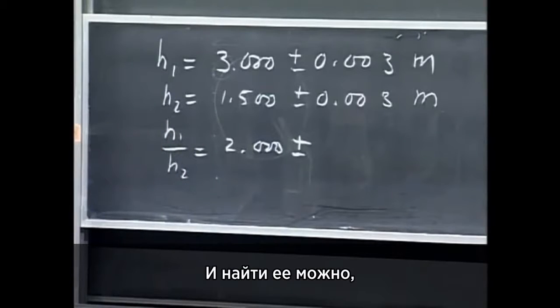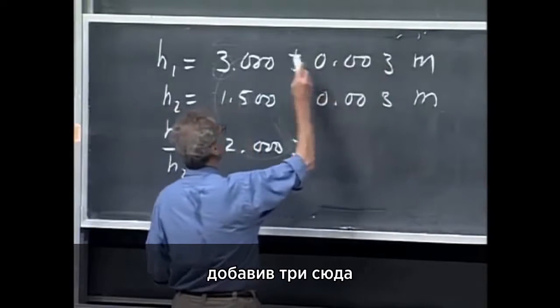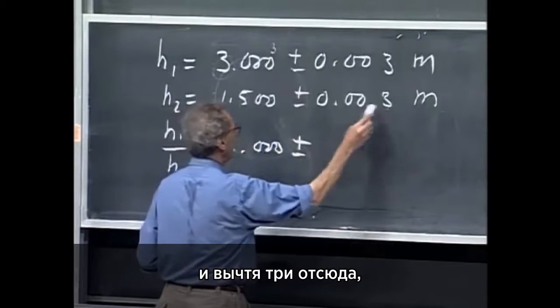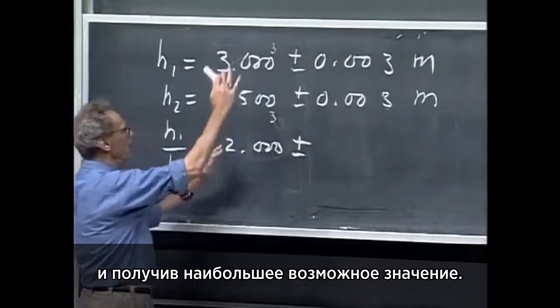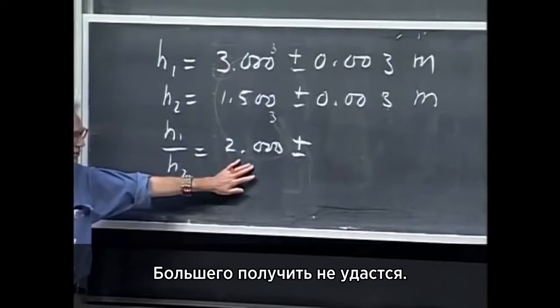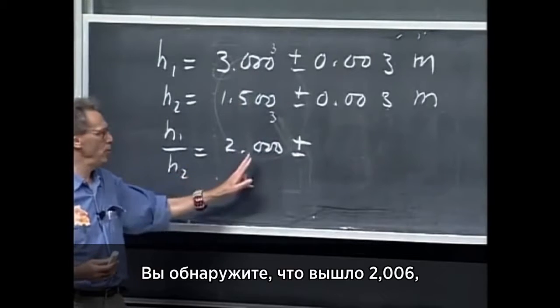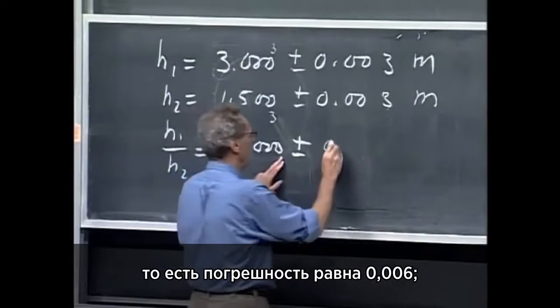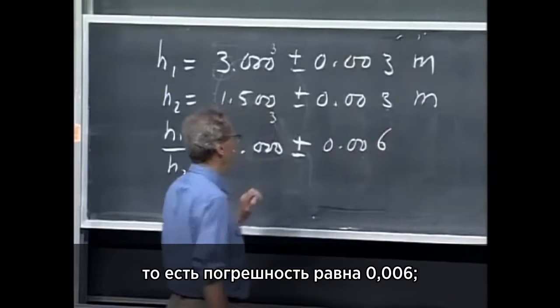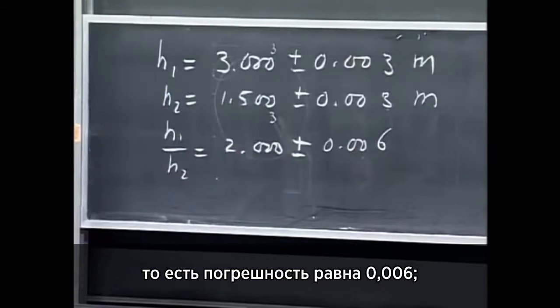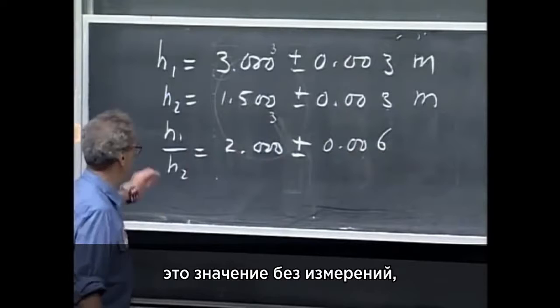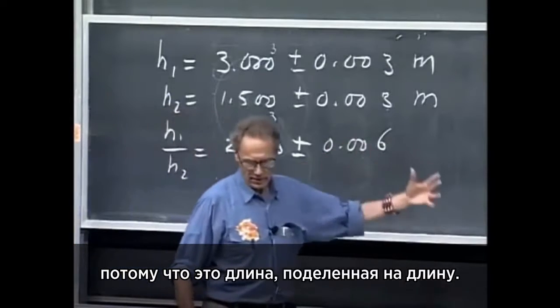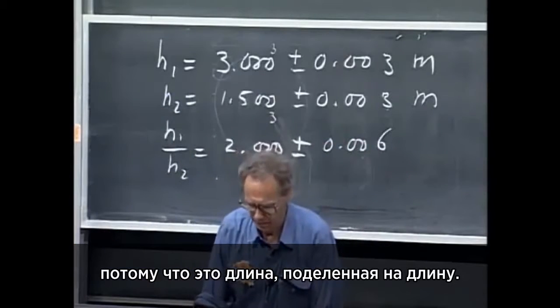The way you find the uncertainty is that you add the 3 here, and you subtract the 3 here, then you get the largest value possible. You can never get a larger value. And you'll find that you get 2.006. And so I would say the uncertainty is then 0.06. This is a dimensionless number because it's length divided by length.